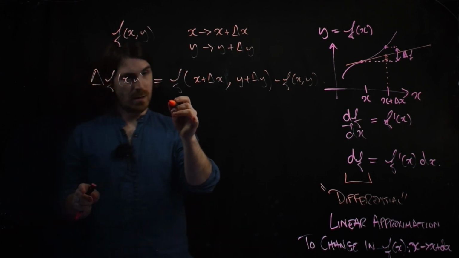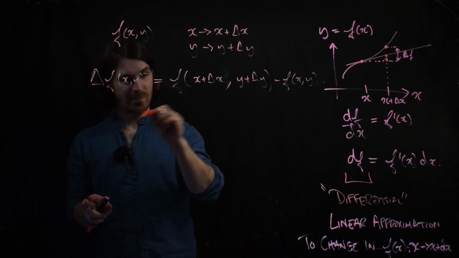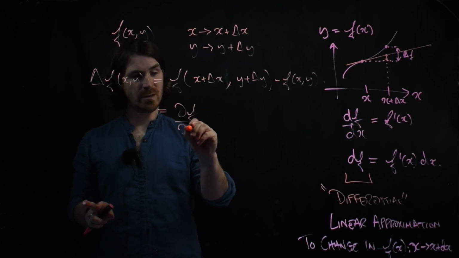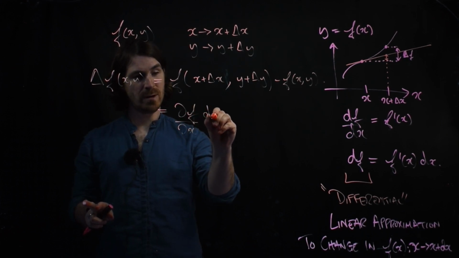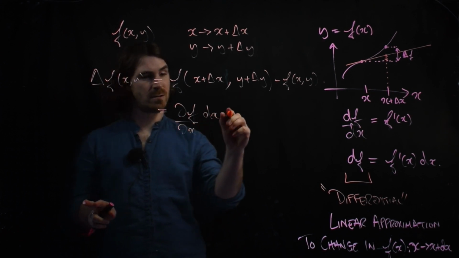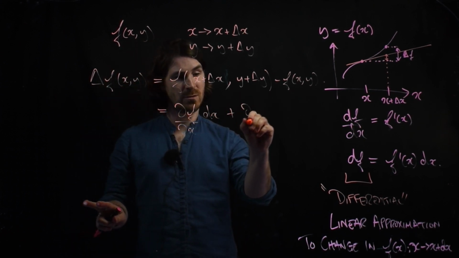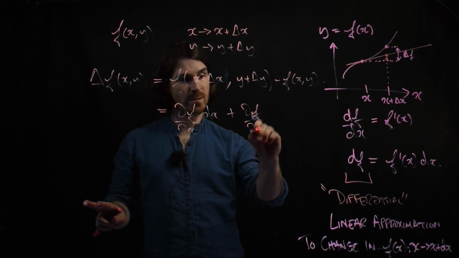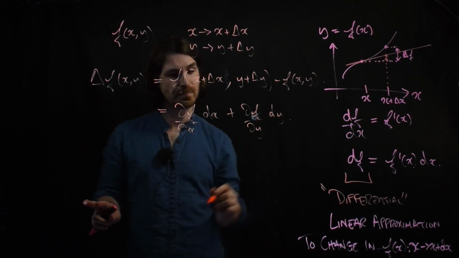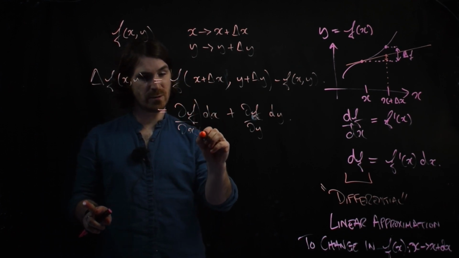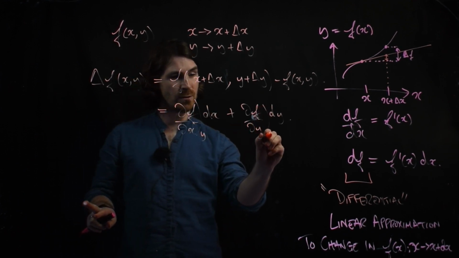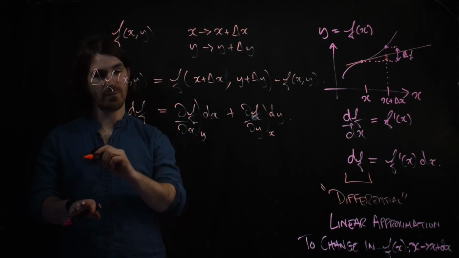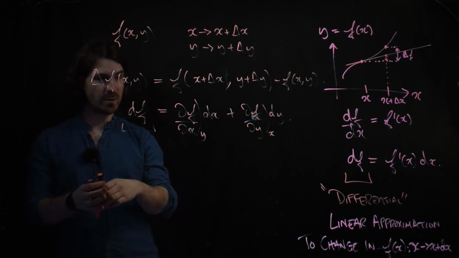And it turns out that if we take the linear terms only, this is df by dx, the change in x, plus df by dy, the change in y. It's understood that this holds y constant and this holds x constant, and this is called df, and this is the total differential.